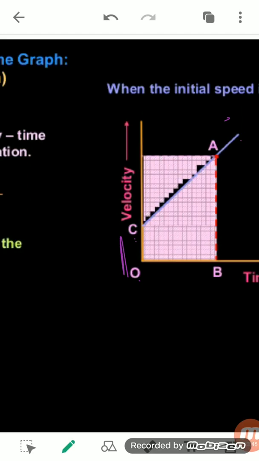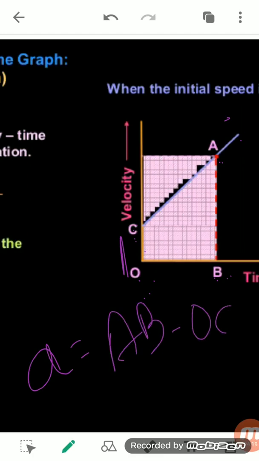In order to calculate the value of acceleration from such a graph, we first subtract the initial speed or initial velocity OC from the final velocity, that is AB. Then we divide the result by the time taken. So acceleration can be AB minus OC upon OB: final minus initial upon time taken.